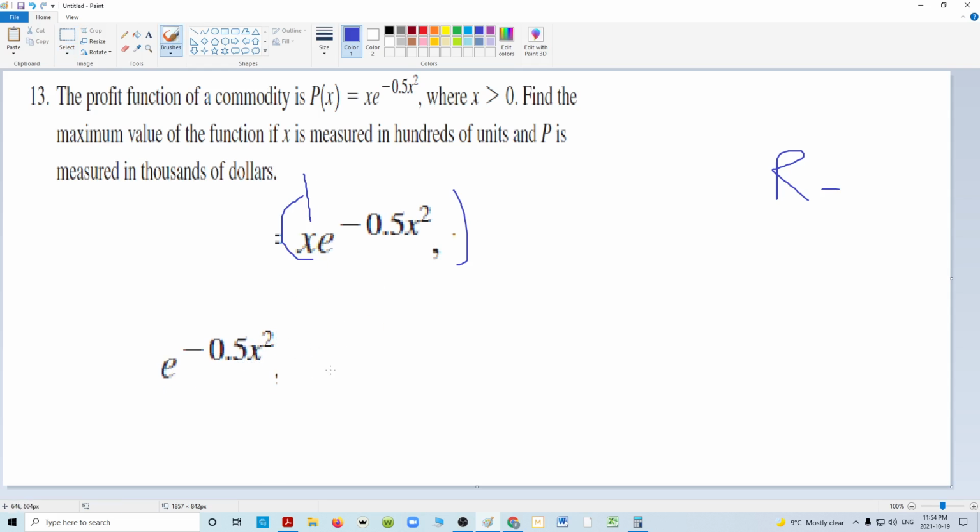Then we've got to add x times the derivative of this function, which is just this function, times the derivative up here. 2 times minus 5 becomes minus 1, and this becomes x. So multiplied by minus x. So we've got an x and an x. So it becomes minus x squared.